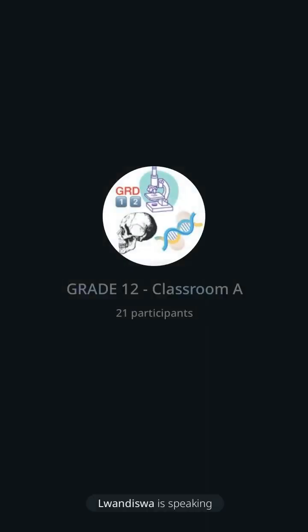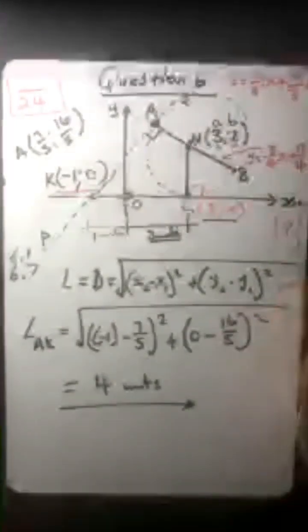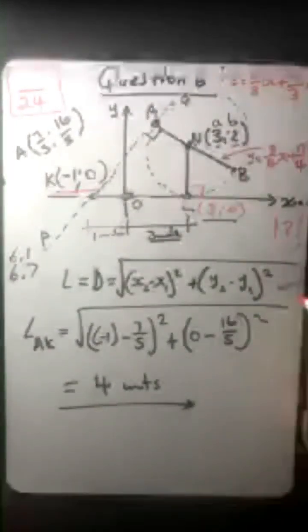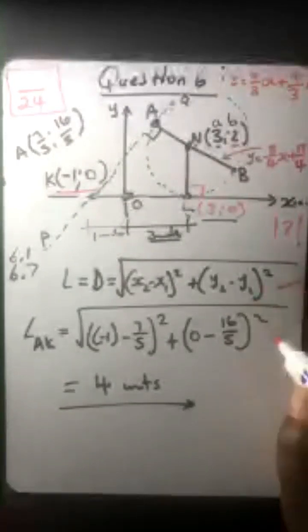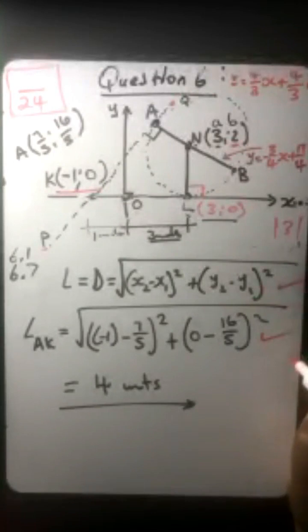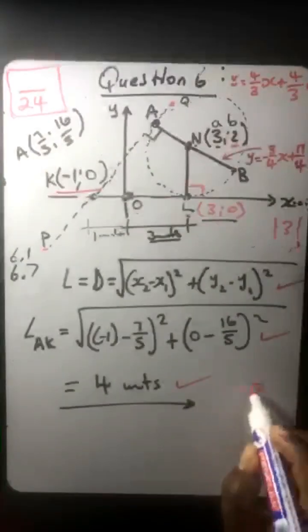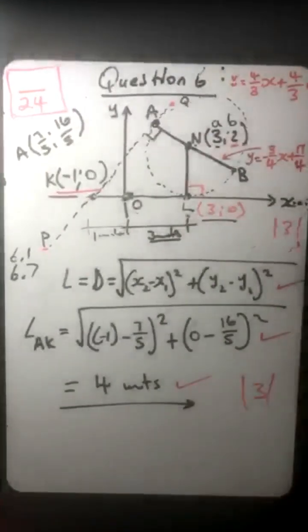Yes, sir. Okay, so this is where you get lucky to be given an equation of that. A mark on that equation, a mark on substitution, and then a mark for your final answer.